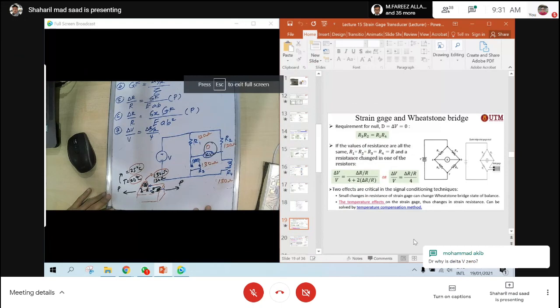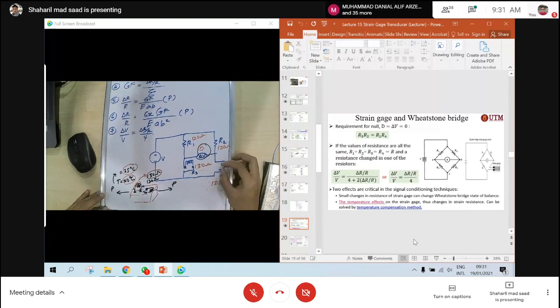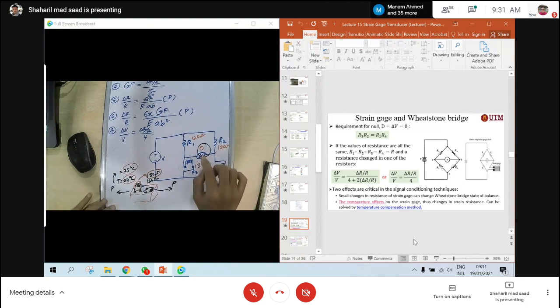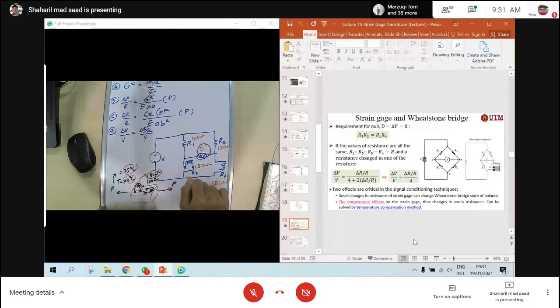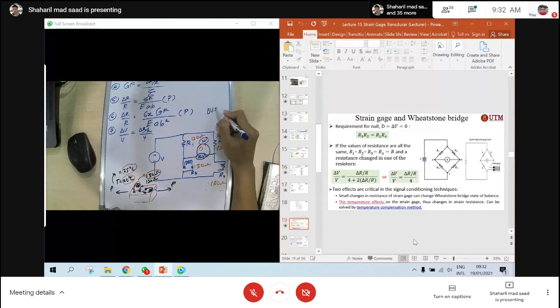Doctor, why is delta V equal to 0? Yes, when you apply your strain gauge on the Wheatstone bridge, you want to make sure your delta V equals 0 so that you can make a measurement. If delta V is not equal to 0, you also can, but you need to subtract the voltage offset, delta V. For example, right now you make the measurement and your delta V is 4 volt.